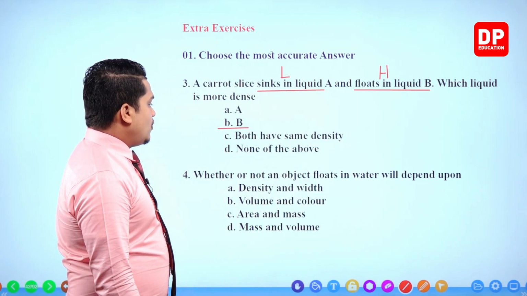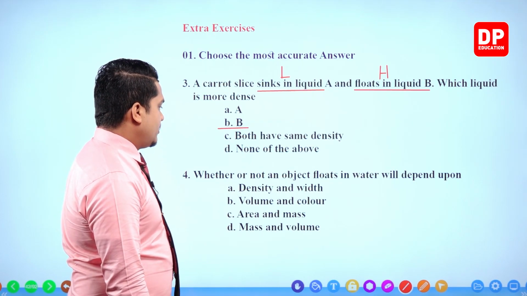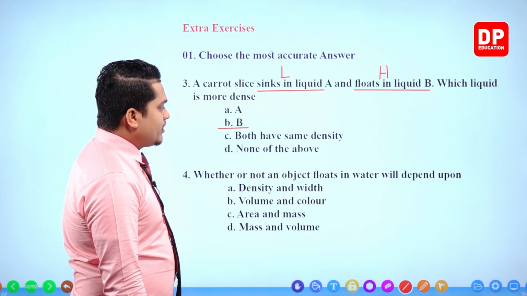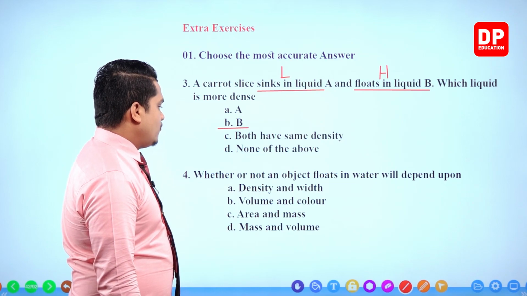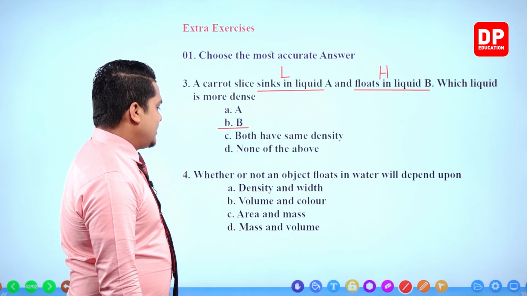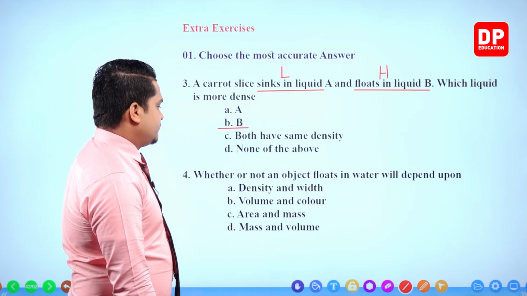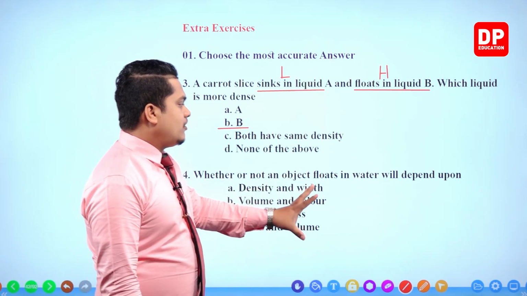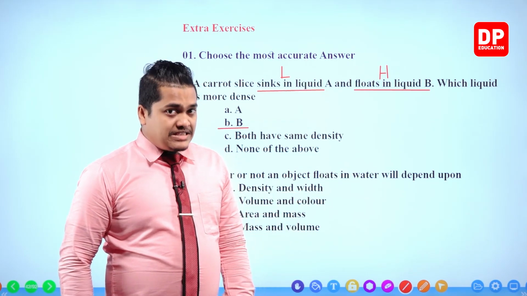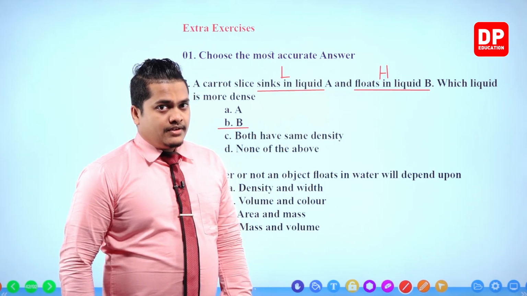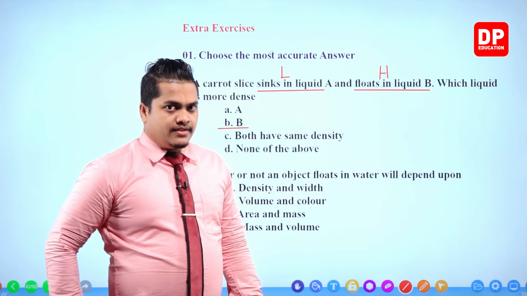Number 4, whether or not an object floats in water will depend upon: density and width, volume and color, area and mass, mass and volume. It depends upon the density of that particular liquid. Density is measured by using the mass and the volume.